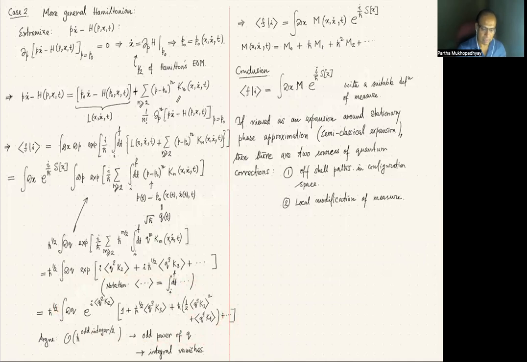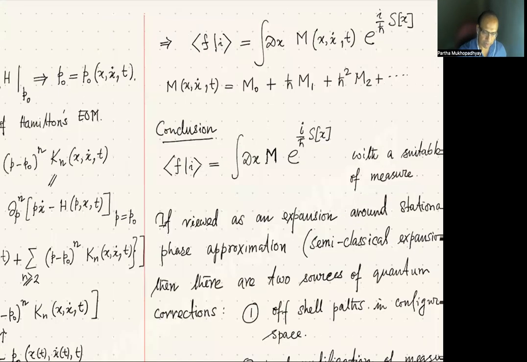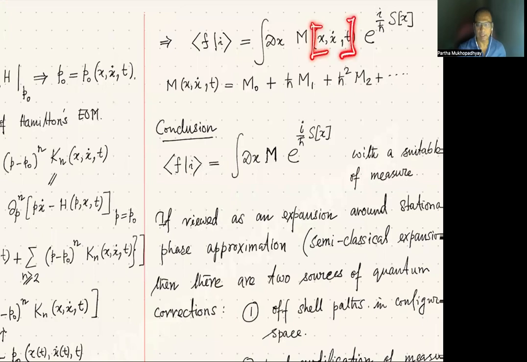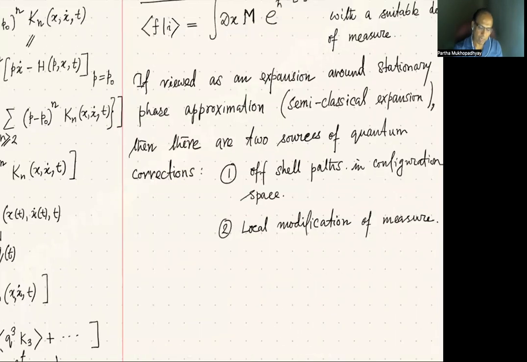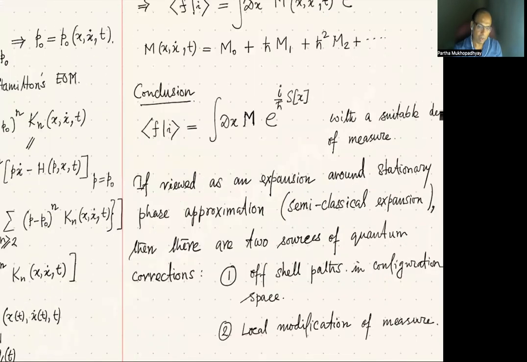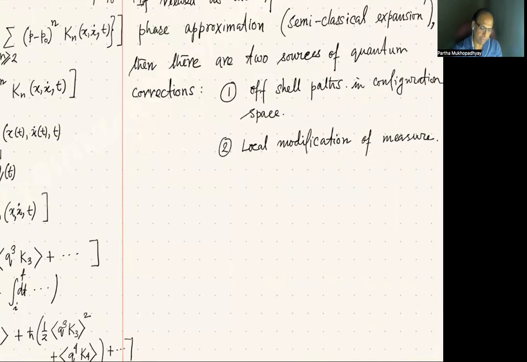So these are the contributions M1, M2, and so on. These are path integrals. So basically, I should use a notation here also, a path like this. It is not a local function of x, but it is a local function of the paths. That's why it's a local modification of the measure of the path integral. Measure of the path integral means, let me explain what the measure is.